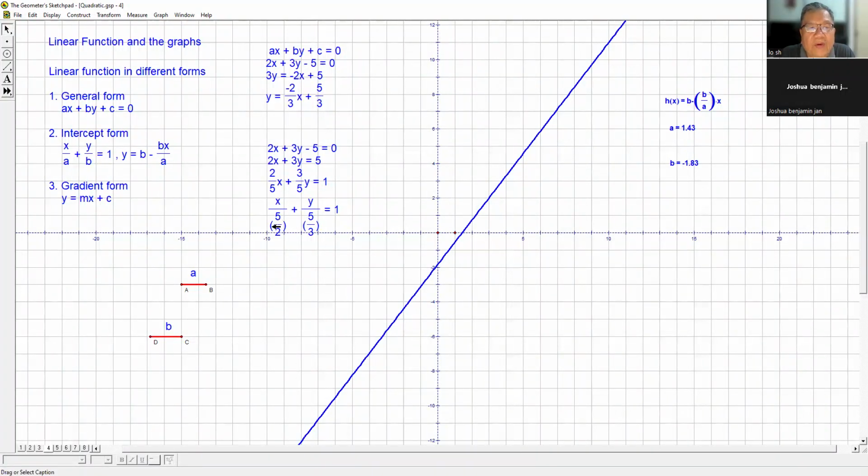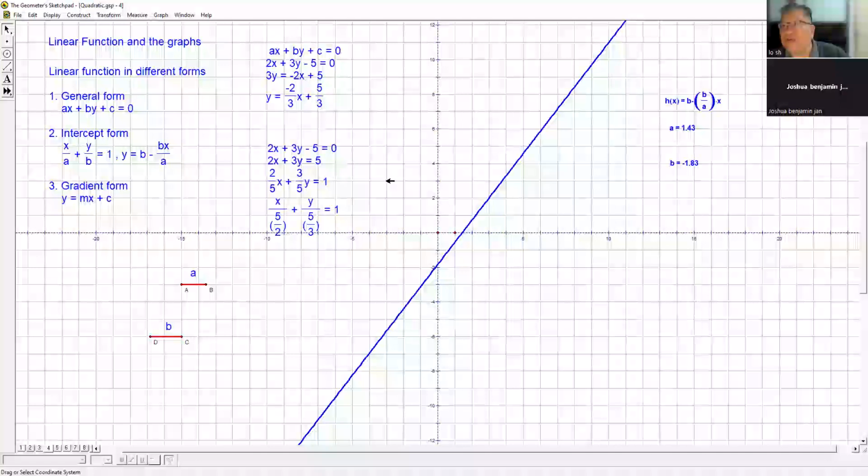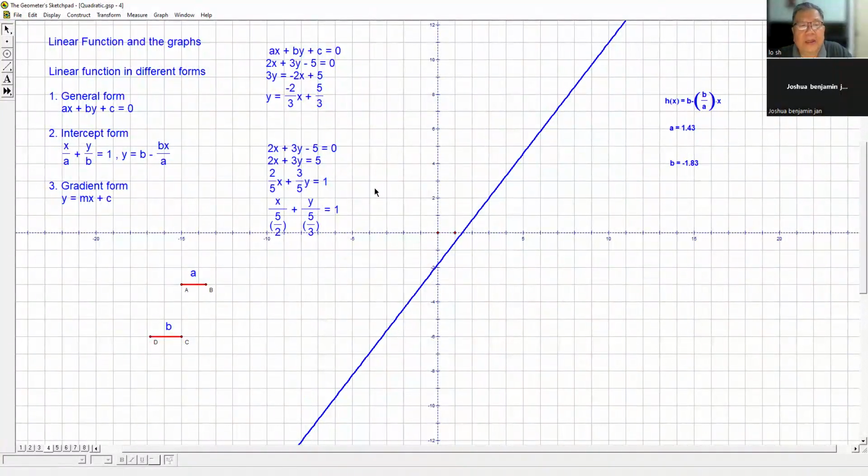When the value of A is known, this is 5 over 2, the value of B is 5 over 3. When the value is known, then it is a constant, or we call it the coefficient of x or the coefficient of y. But you make it into an unknown, a variable, something that can change, something like a parameter, then you will know how important is this value A and this value B. What is the meaning?